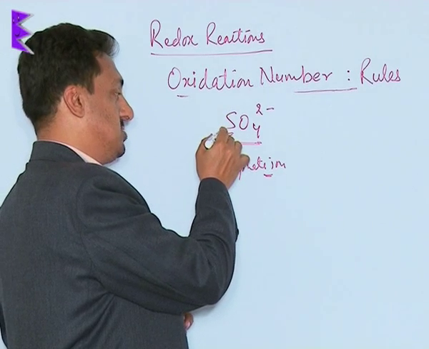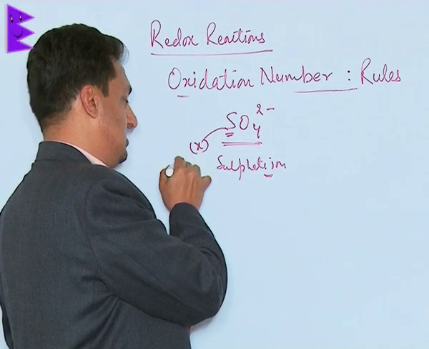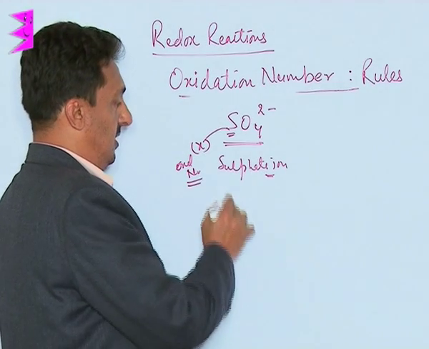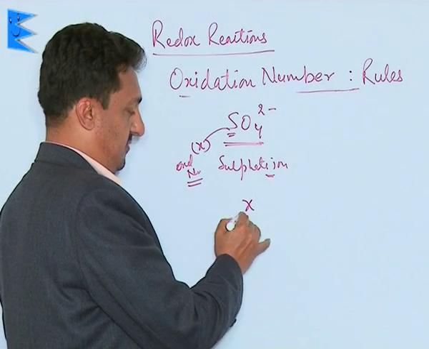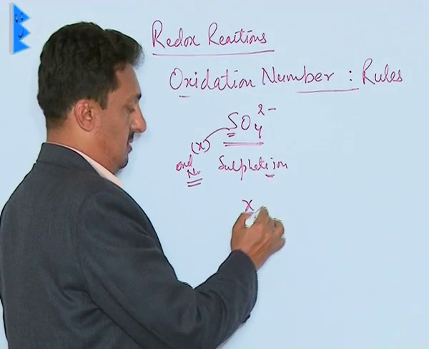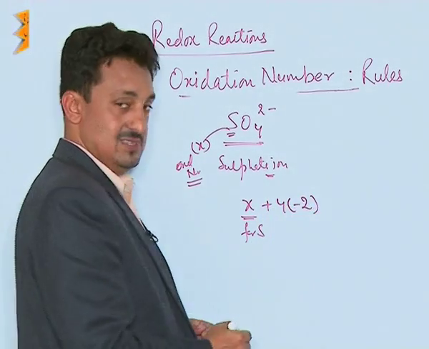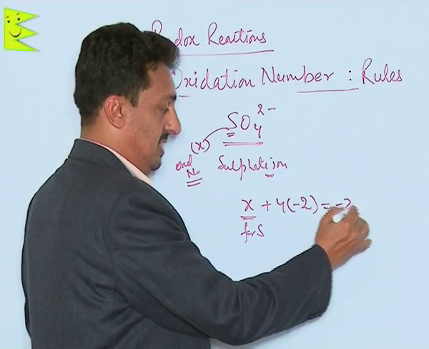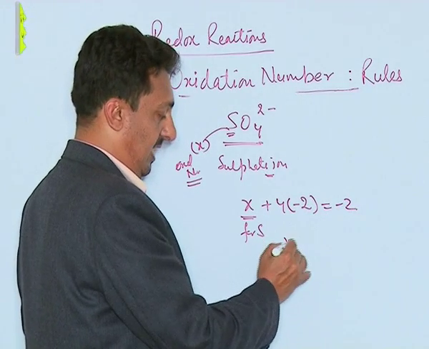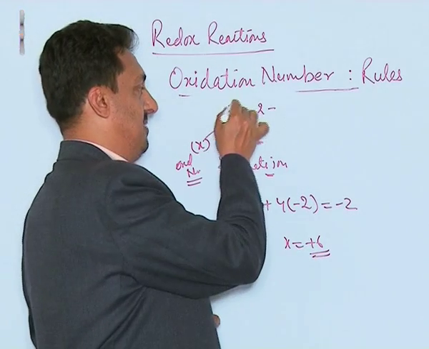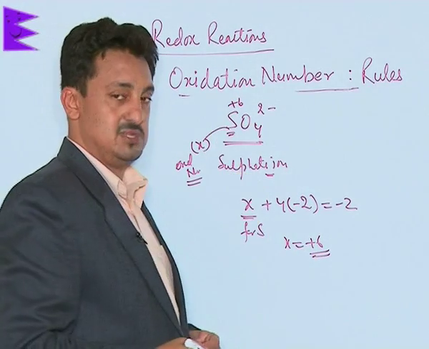So let us take its oxidation number to be X. How will we find out? X for sulfur plus 4 oxygens, each in the -2 state, equal to -2. 4 twos are 8. It comes out to be +6. It means sulfur here is present in the +6 oxidation number.